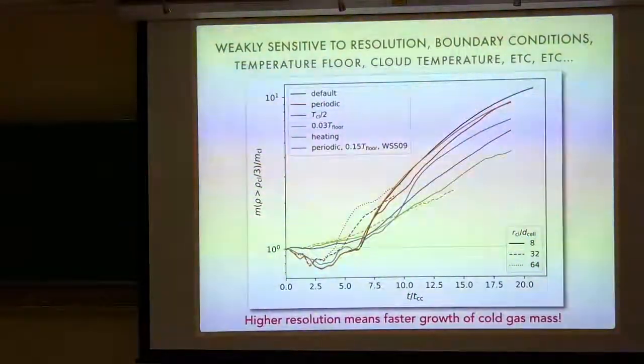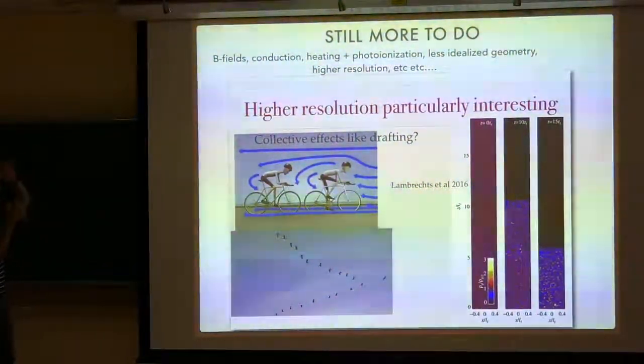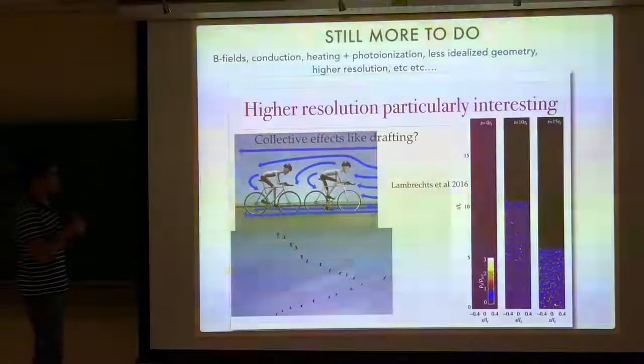Okay, so there's lots of interesting things to do. Obvious thing is to put in magnetic fields, right, which will change the topology of the gas. You'll have MHD forces. We can argue about whether conduction is important or not, but if it is, then certainly it will change things. And also change heating prescriptions, photoionization, less idealized geometry.